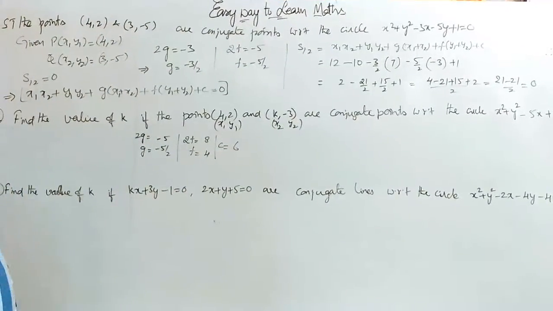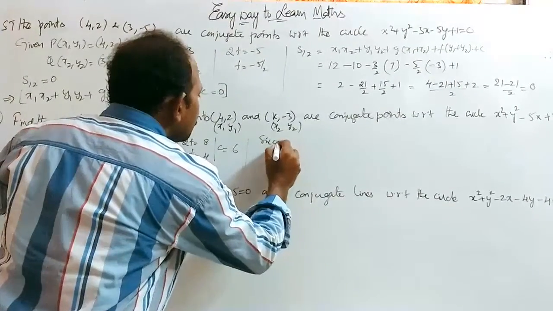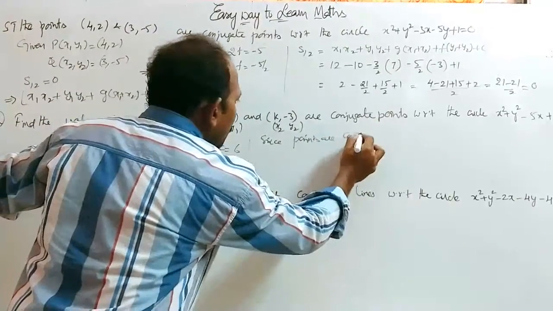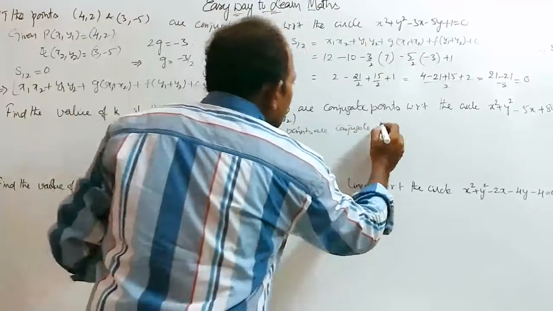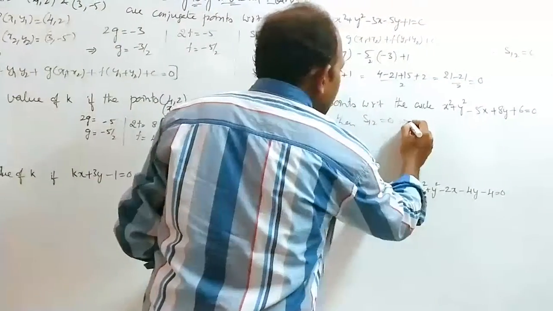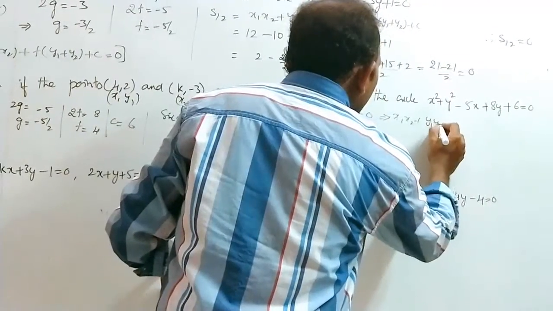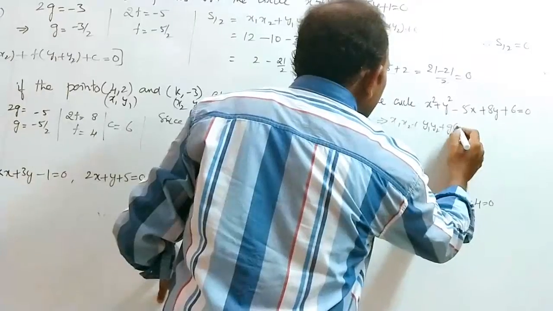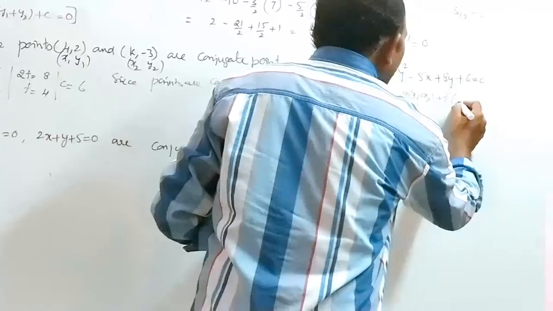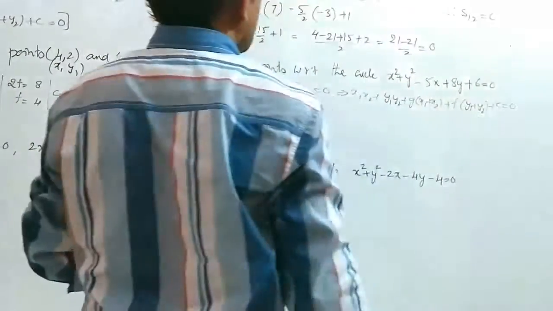Now let us substitute in this condition. Since the points are conjugate, then S12 is equal to 0. That implies x1 x2 plus y1 y2 plus g into x1 plus x2 plus f into y1 plus y2 plus c is equal to 0. Now let us substitute.